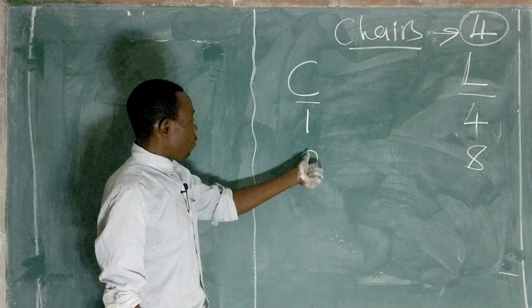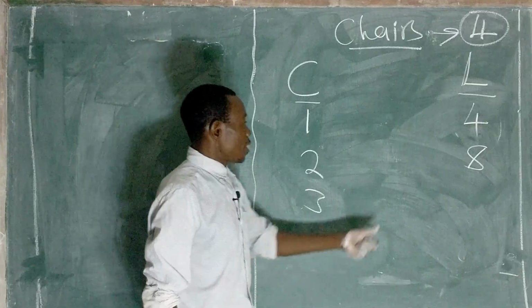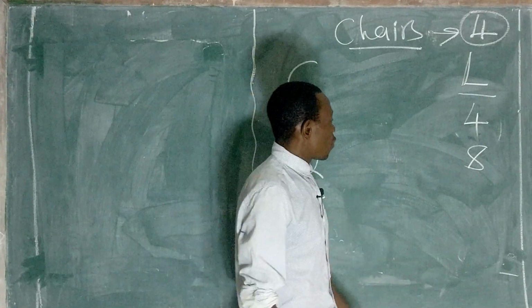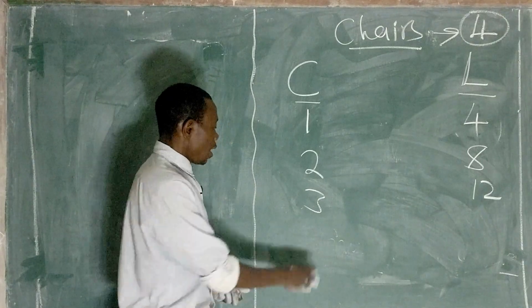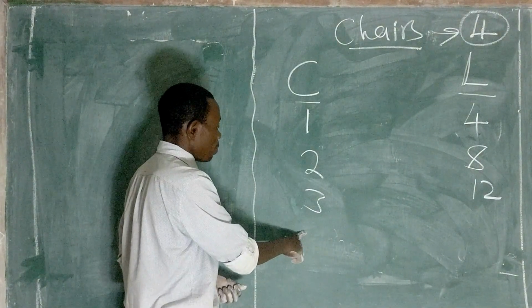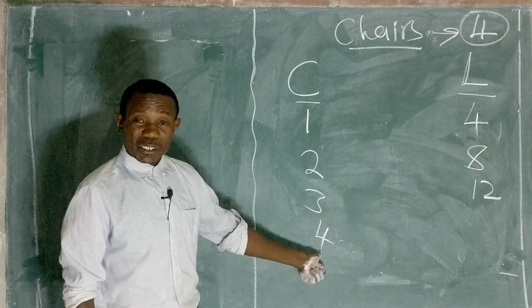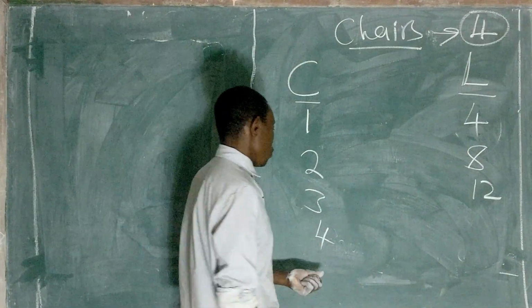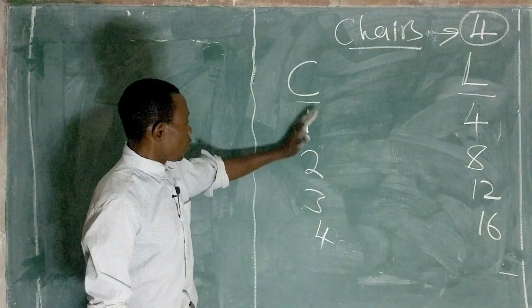What if I increase the number of chairs from 2 to 3? Definitely, the number of legs here will be how many? Will be 12. And if I keep on doing that, at the end, if I have 4 chairs, then definitely this will give me what? 16 legs.